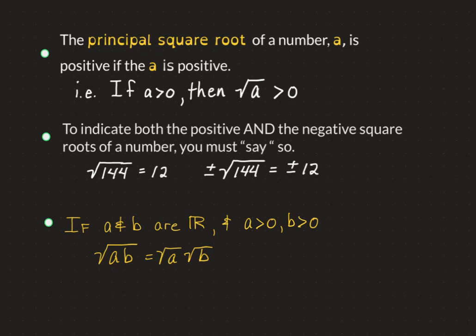The principal square root of a number a is positive if a is positive, and to indicate both the positive and the negative square roots of the number, in other words, you don't want the principal square root, but you want all square roots, you have to say so by putting in a plus or minus in front of your radical. And then if a and b are real numbers and they are positive, both of them, then it is true that the square root of ab equals the square root of a times the square root of b. Remember these things as we move on.